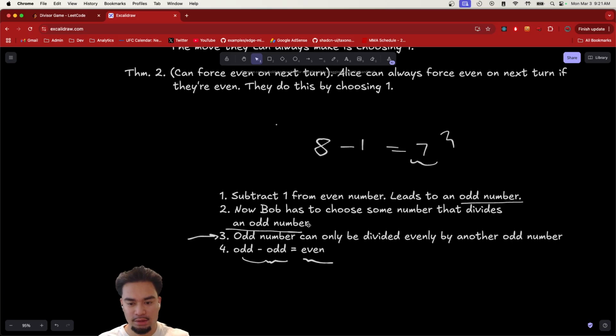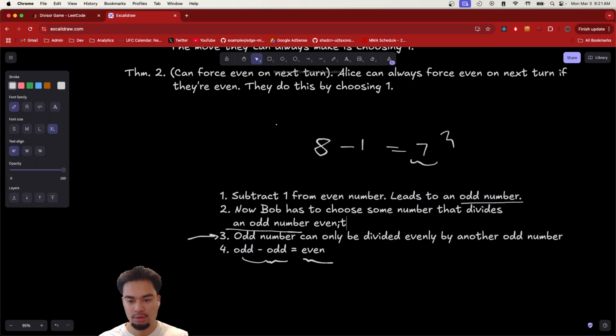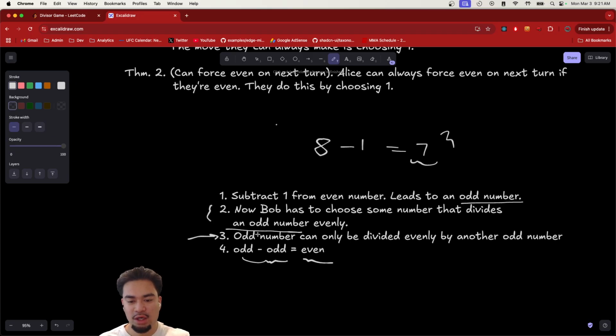Only an odd number can evenly divide an odd number, and I'll show the proof for that.